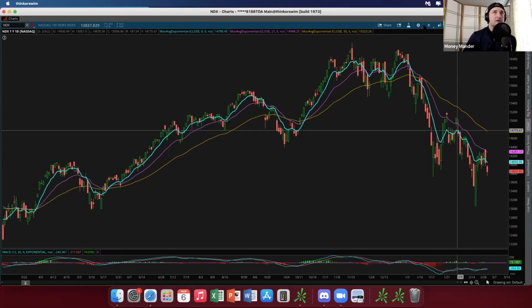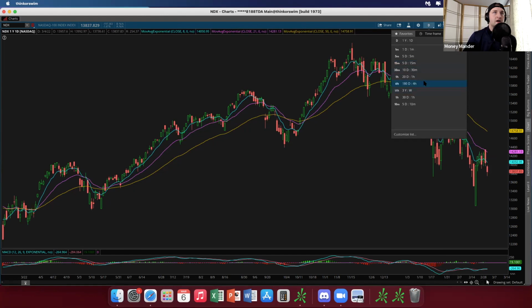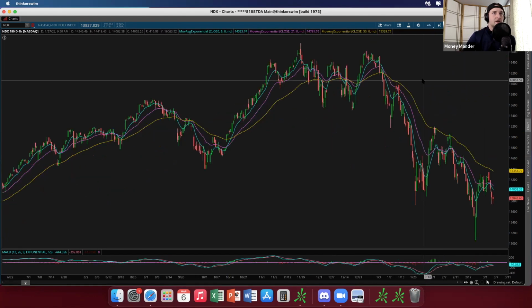So what I would do here from the daily is pull up the four hour to get a closer look. And to my visual, if I was going to play a recent trend, my recent trend here would be at this high, because we had this bounce and we consolidated. This was pretty much your local high before the actual recent sell-off began.